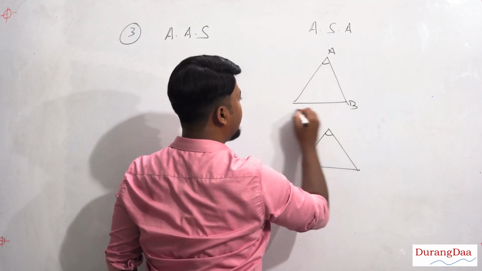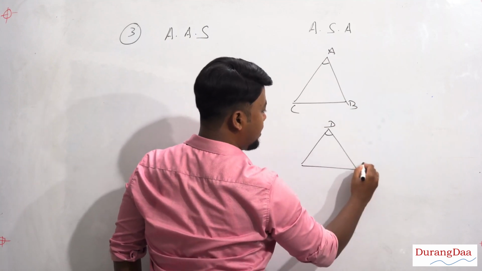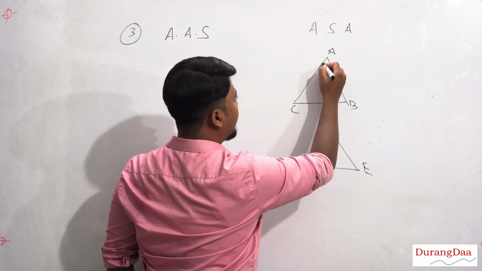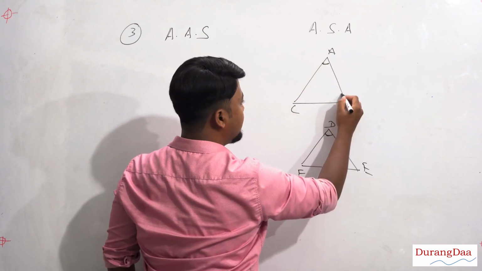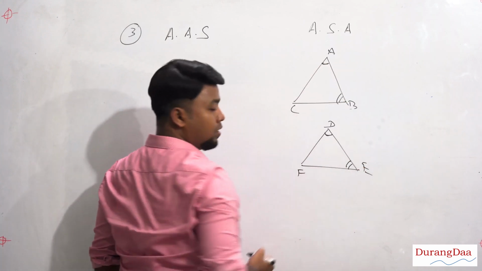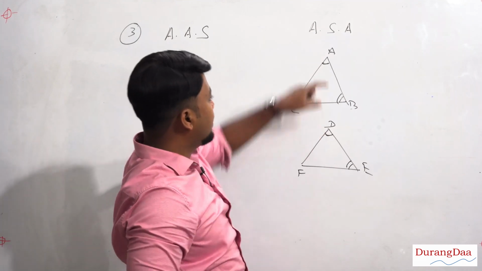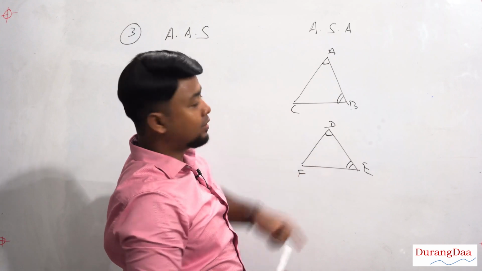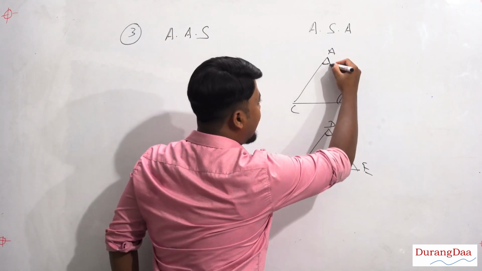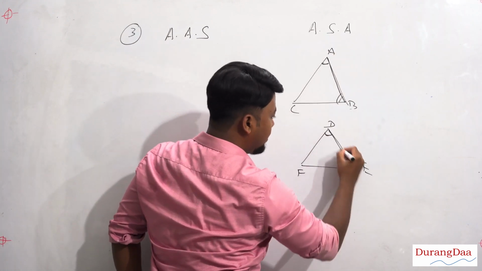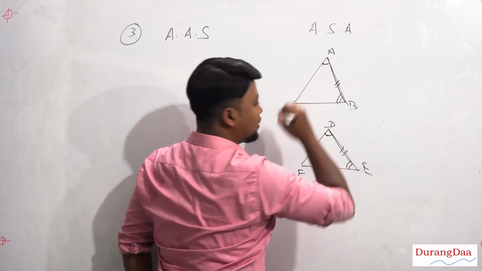Suppose in triangle ABC and triangle DEF, angle A is equal to angle D, angle B is equal to angle E. The side which we took was always joining the two equal angles. That means the side had to be AB and DE. So, this was the case.